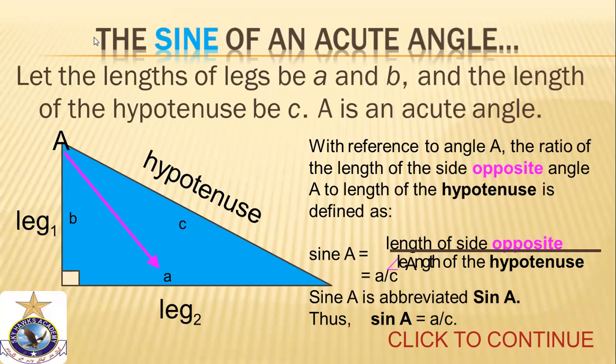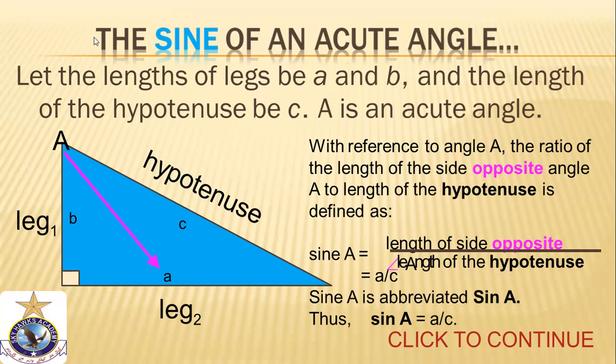From here, please. The sine of an acute angle. Let the lengths of legs be A and B, and the length of the hypotenuse be C. A is an acute angle. With reference to angle A, the ratio of the length of the side opposite angle A to the length of the hypotenuse is defined as sine A. Sine A is equal to the length of the side opposite divided by the length of the hypotenuse.